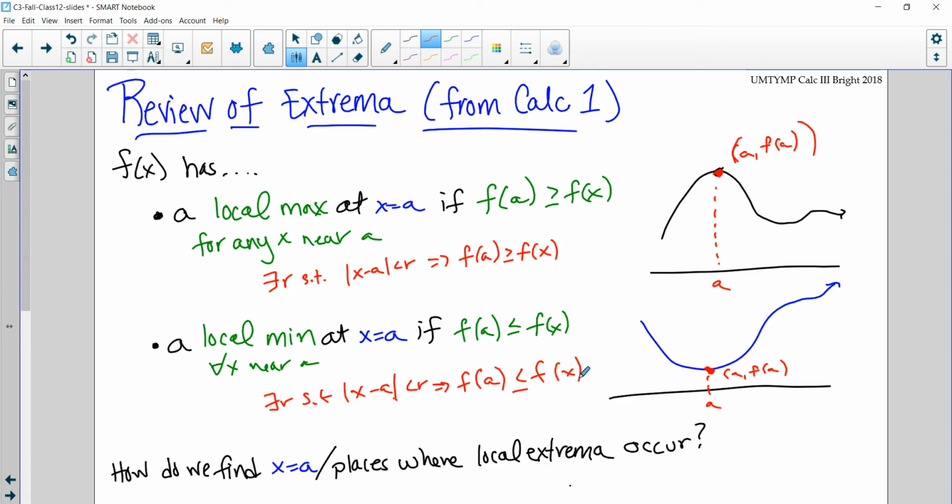Okay. So then the next question is, okay, well, how do we find that x is equal to a, or where these local mins or maxes occur?